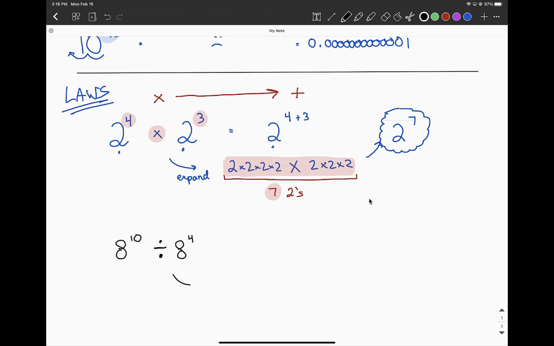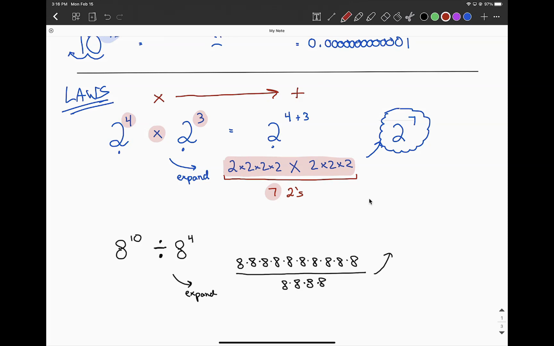Now, if I was to expand this, 8 times 8, oh, why did I pick such a big power here? Come on. There's 10 eighths, and here's 4 eighths. It's kind of ridiculous to sit there and expand out these questions, but it does maybe help us understand where the power comes from.